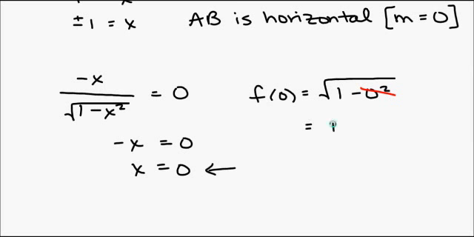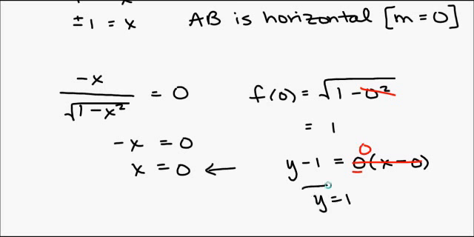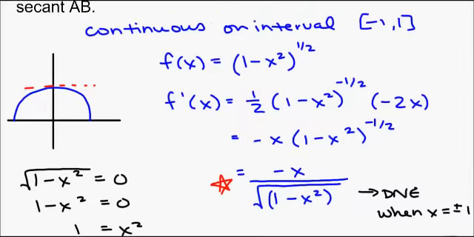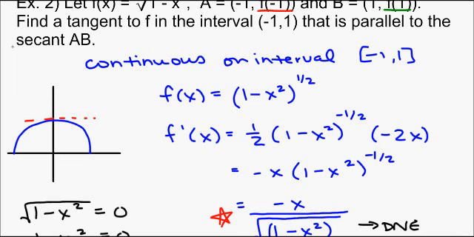The square root of 1 is 1. So we can plug this into our fancy equation here. y minus 1 equals 0 is the slope times x minus 0, but you're multiplying by 0 here, so that's gone. This is just a 0, and we're left with y equals 1. That is the equation of our tangent line parallel to secant AB.